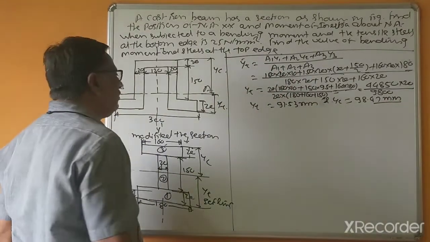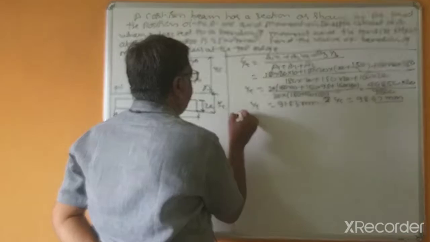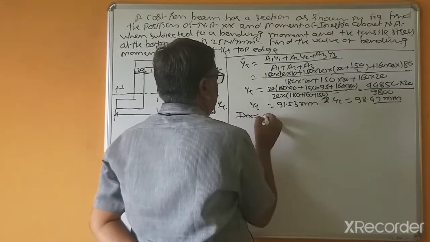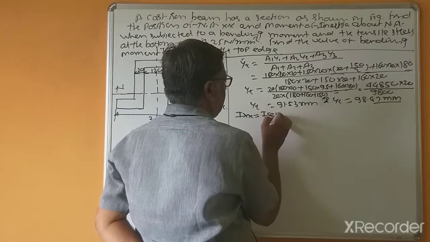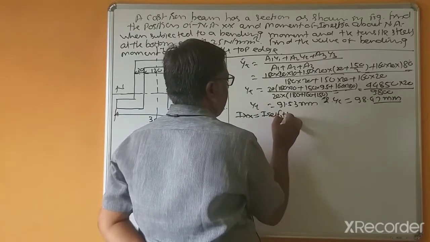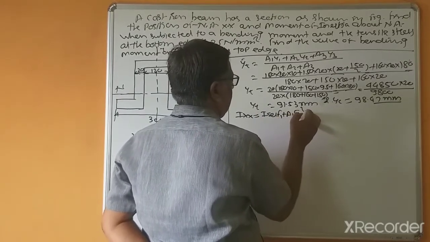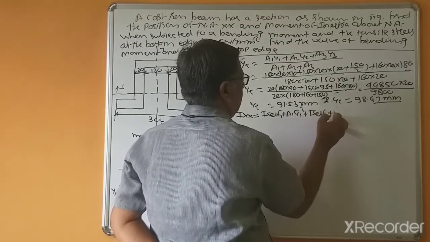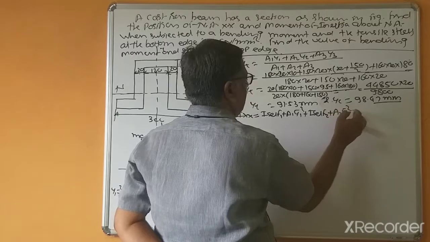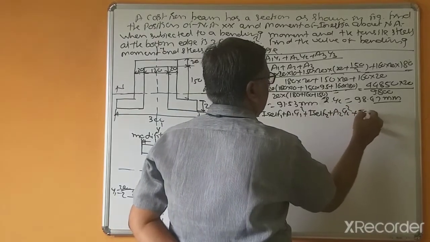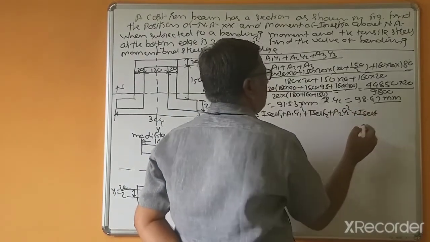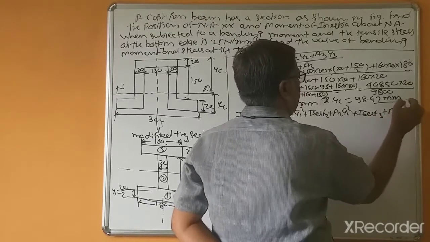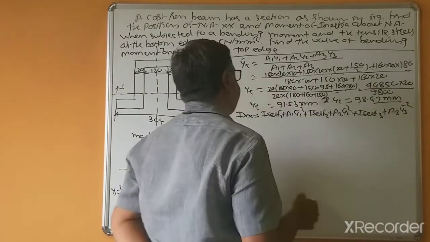Now, by using the parallel axis theorem, moment of inertia about x-x axis equals the self moment of inertia of the first plus A1 y1 bar square, plus the self moment of inertia of the second plus A2 y2 bar square, plus the self moment of inertia of the third plus A3 y3 bar square.